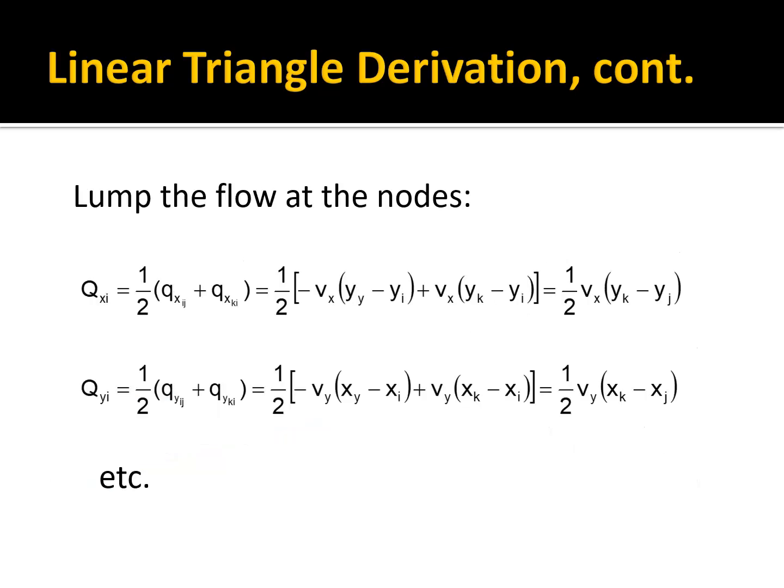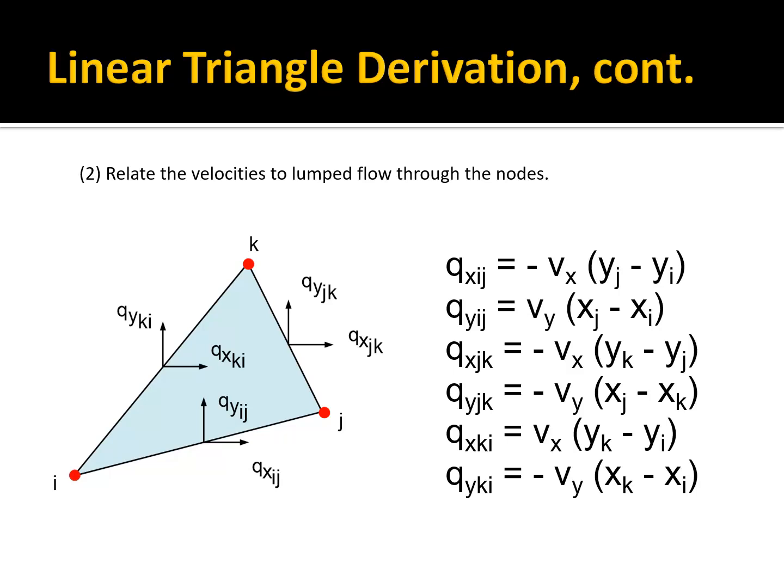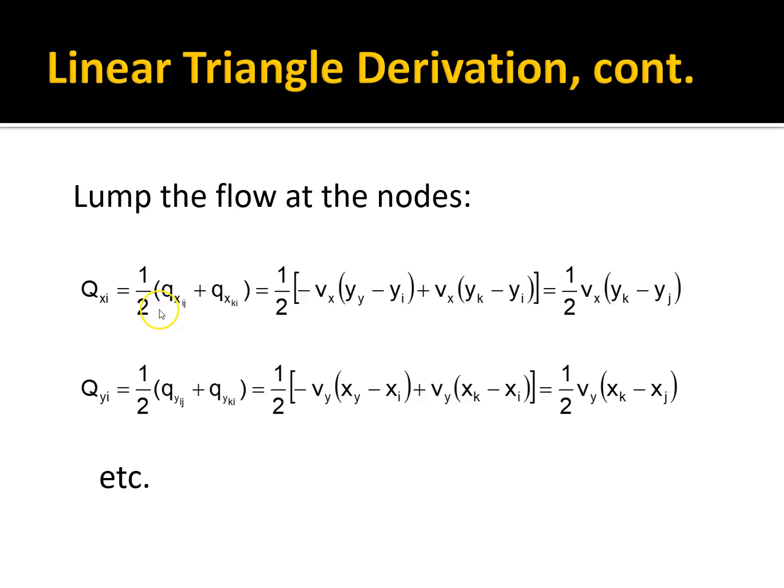Then we're going to lump the flow at the nodes. So qxi is going to be 1/2 qxij plus 1/2 qxki. What does that mean? The flow in the x direction at node I is equal to half of this flow plus half of this flow. That's what this represents.